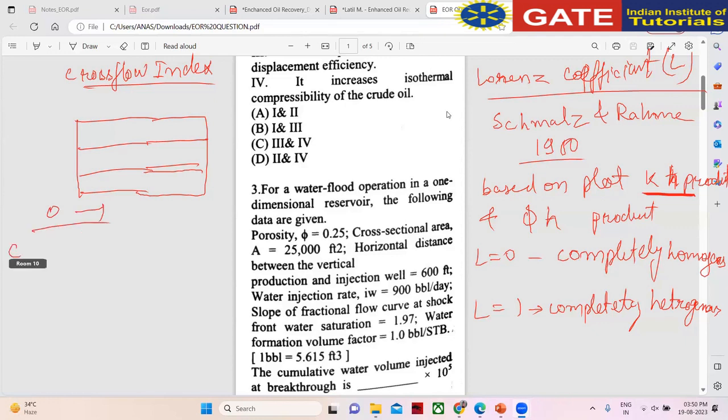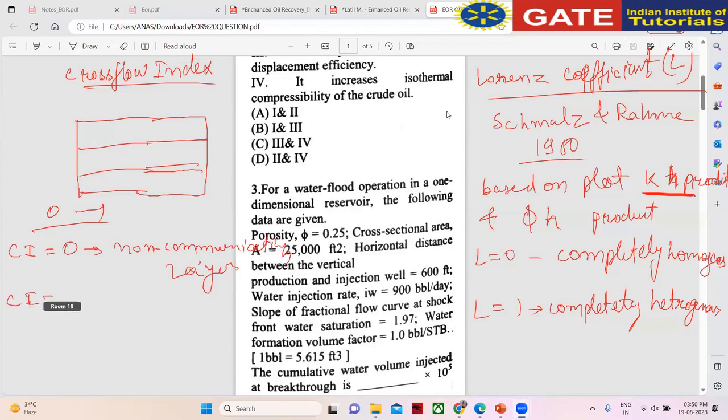Okay, if cross flow index is 0, the adjacent layers are not communicating, they are non-communicating layers.